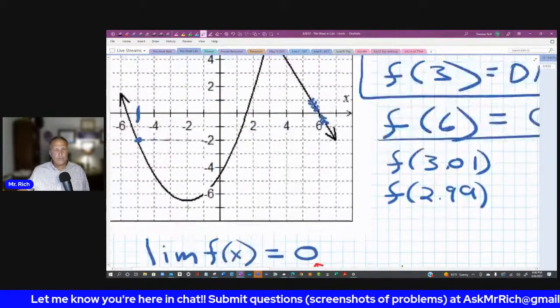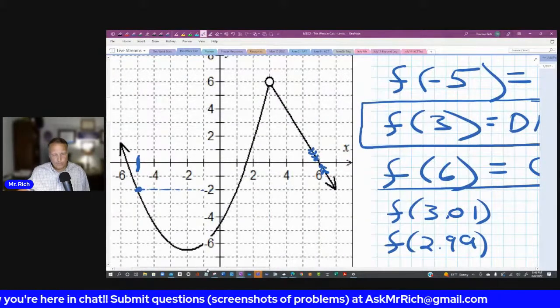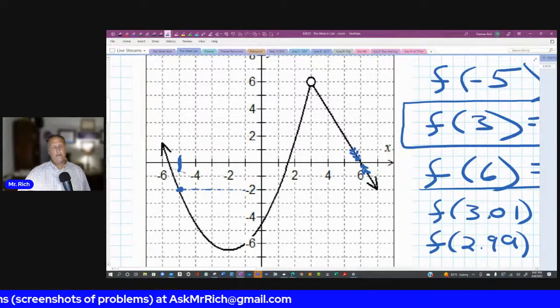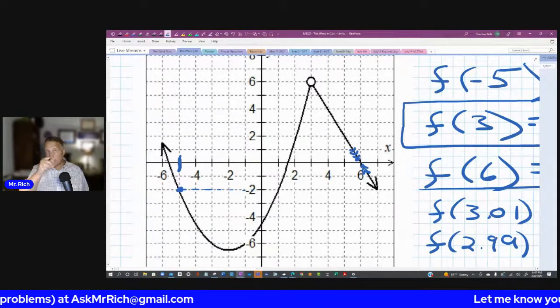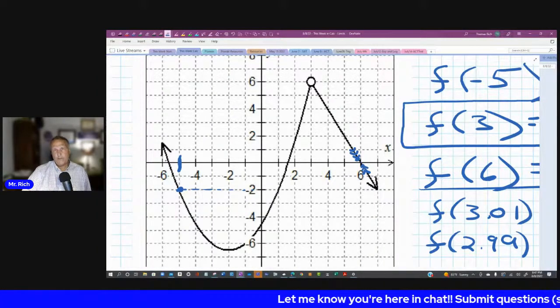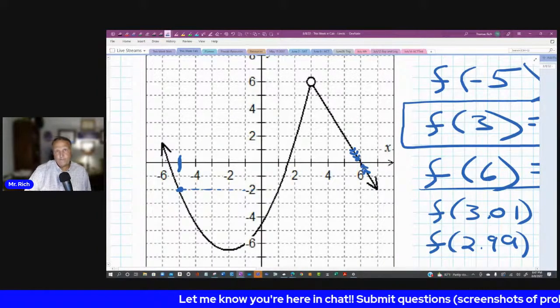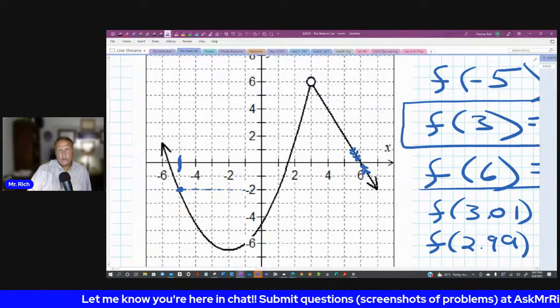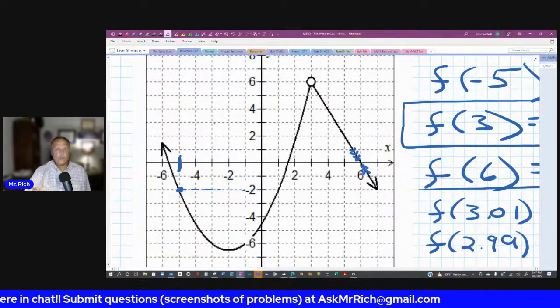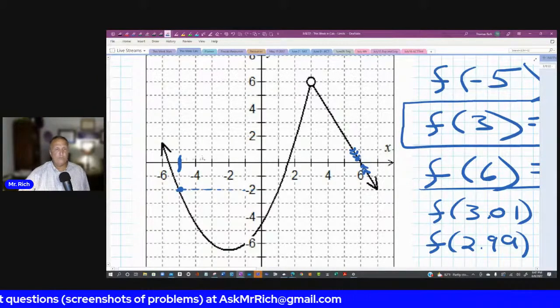Well, we locate negative 5, just like we would if we were using function notation. But let me visualize coming in from the left-hand side and the right-hand side, like coming into negative 5.001 or negative 4.999. What y value do I get closer and closer to?